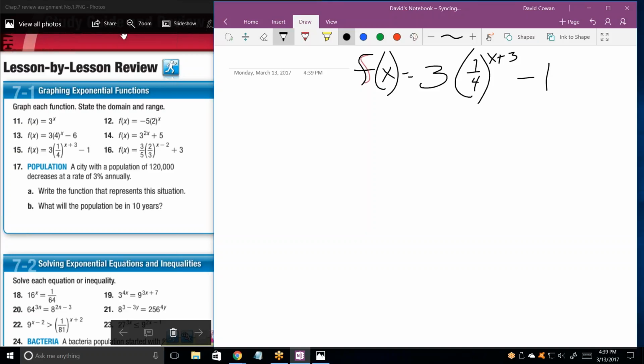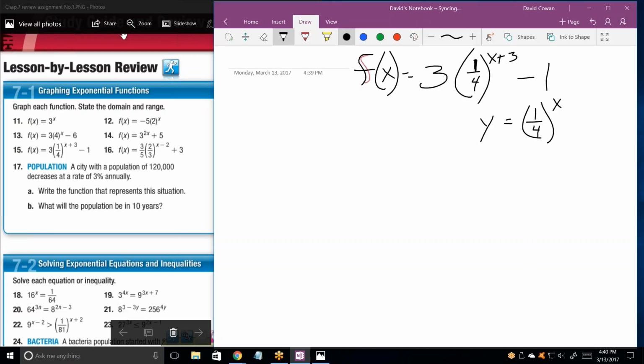In other words, there's a lot of adjustments to the parent function. First of all, tell me what the parent function is. 1/4 to the power of x plus 3? Just 1/4 to the power of x.